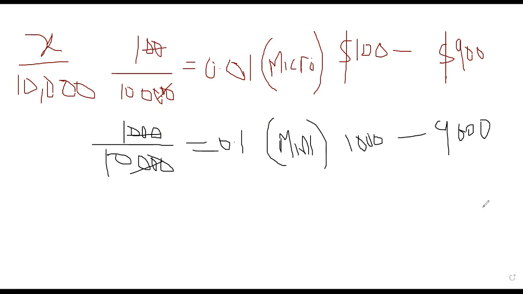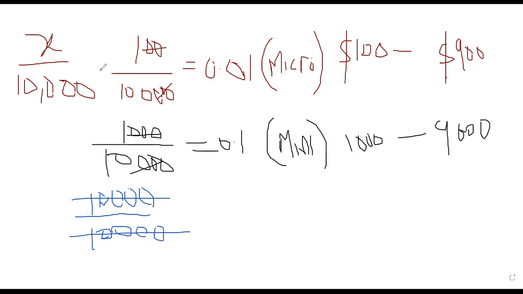What about the standard lot? The standard lot is $10,000 upwards. So 10,000 divided by 10,000. This cancels, this cancels.